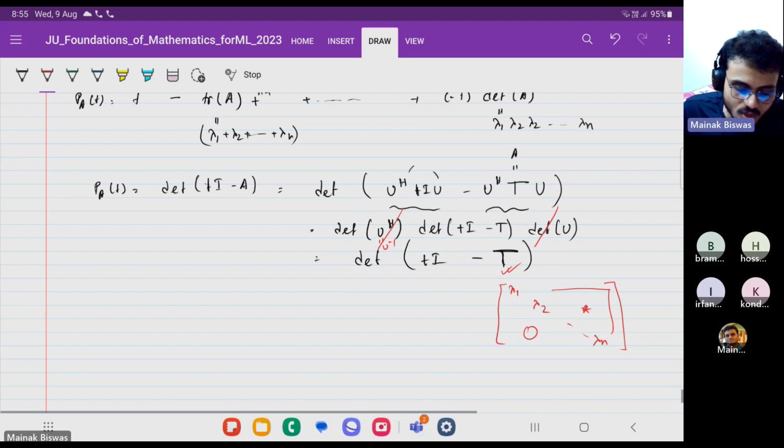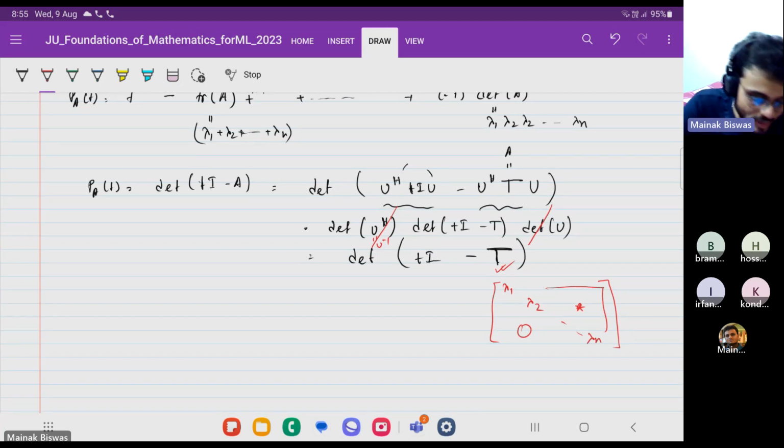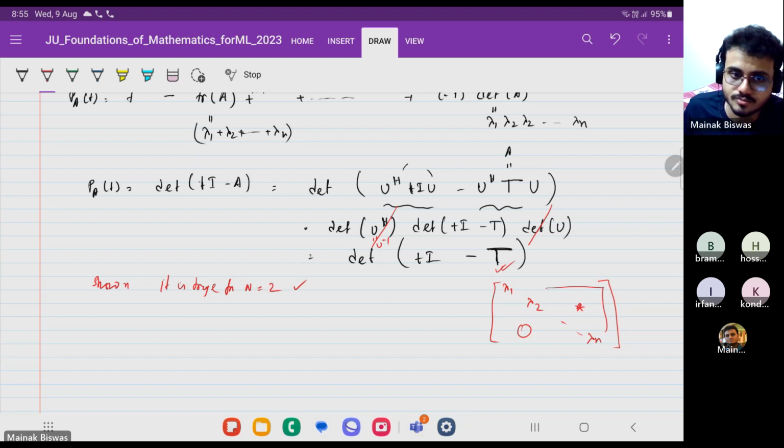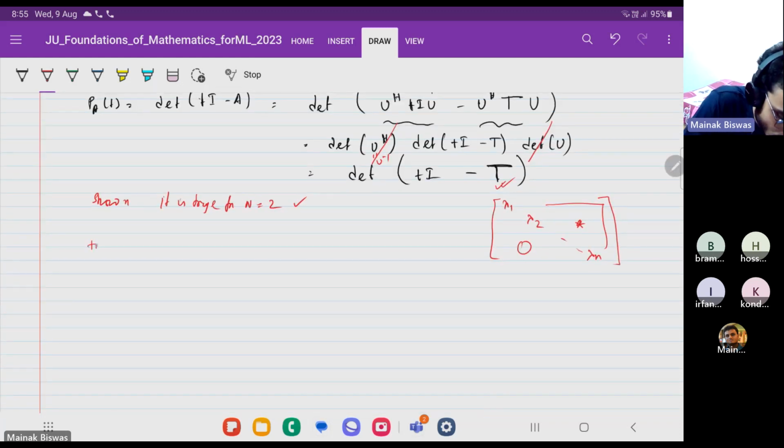So now you see, if I prove it by induction, we have shown this is true for n equal to 2, right? Last day we did T minus 1, 1 and so on, and we showed the determinant and sum. So now let's say it is true for an n minus 1 cross n minus 1 matrix.